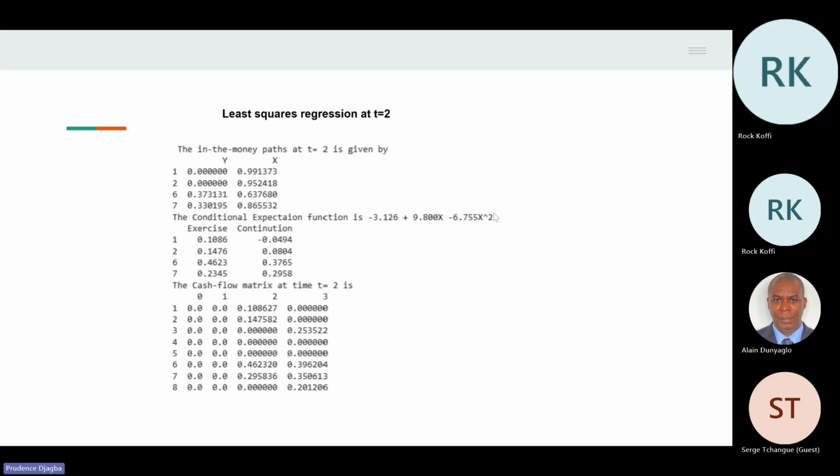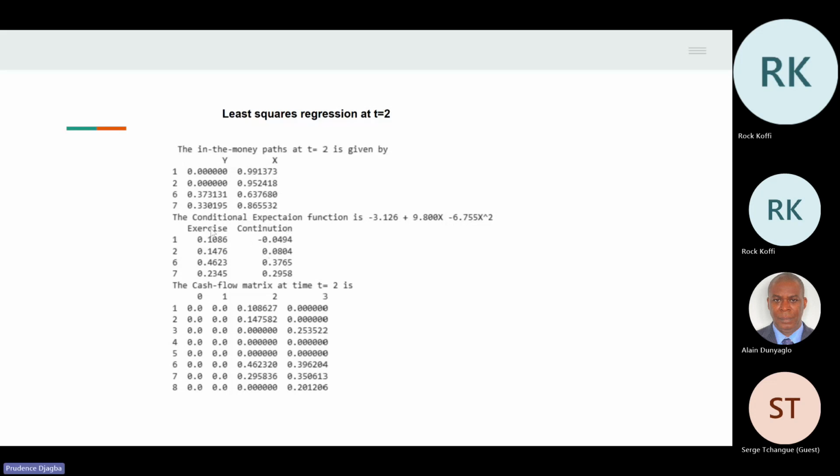And after we got the conditional expected function, we need to make a decision, check whether we're going to exercise or not. So we value the continuation. We just plug the x vector into the polynomial, and we get the continuation value.